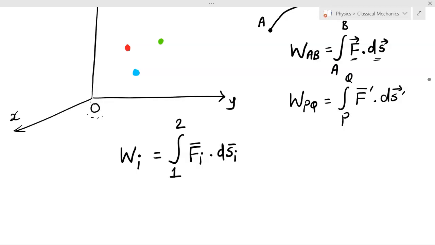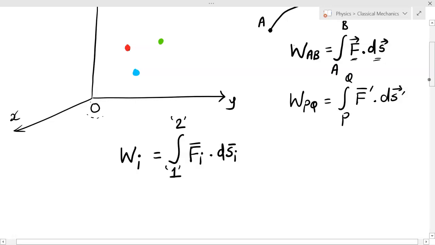They are not describing the initial and final position of this particular particle. They are describing that in the second configuration, whatever position it will take, I will write it as the final limit, and whatever position it takes in the initial configuration, I will write it as the initial limit.